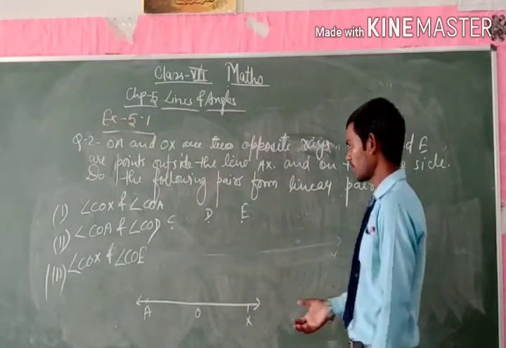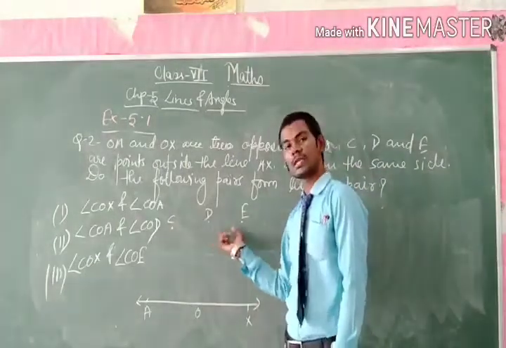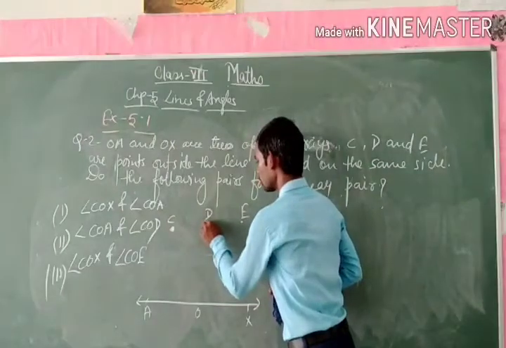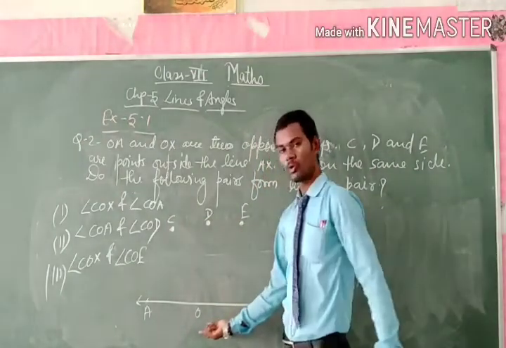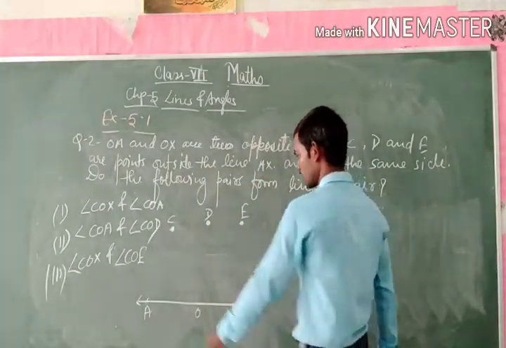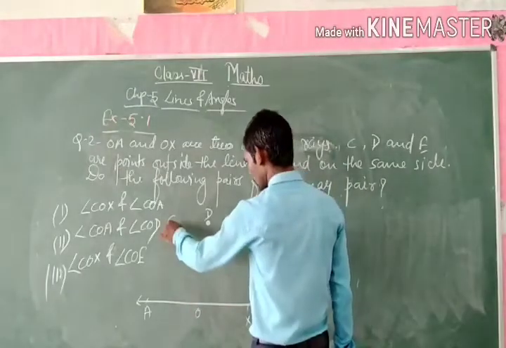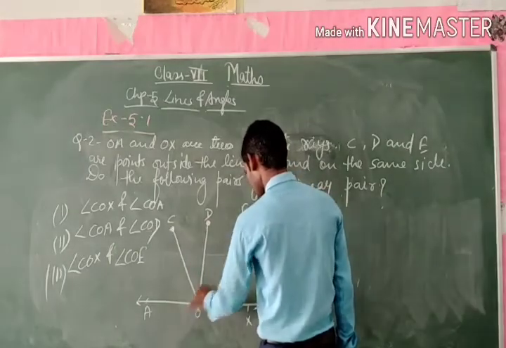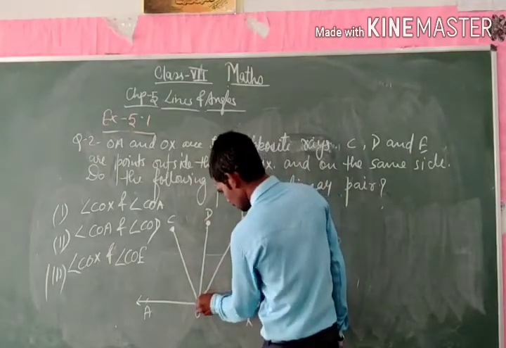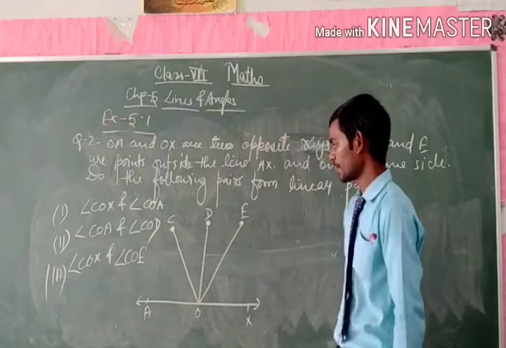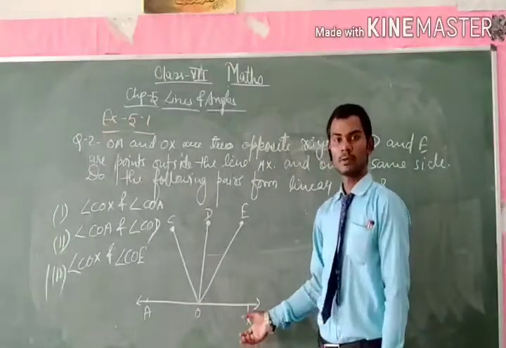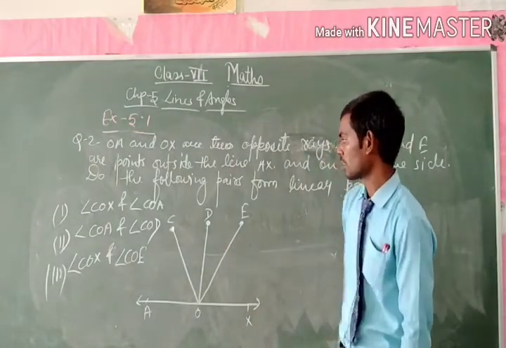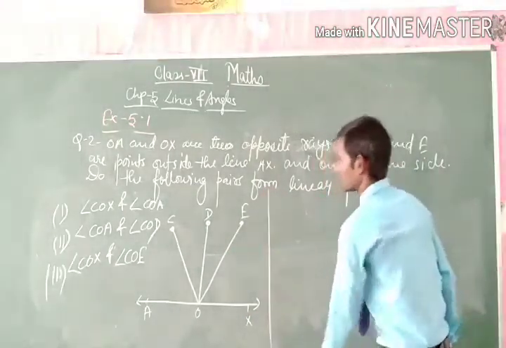For this, first of all, we join these three points to the point O, like this. In this way, we get some angles. Now let us start our solution.